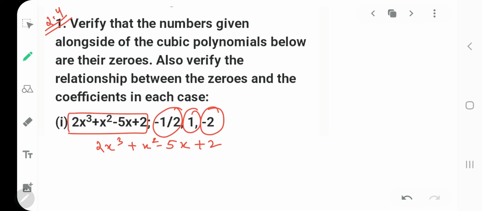Now each value you have to put into your polynomial as x. Getting my point? So first it is given 1 upon 2, second is 1 and third is minus 2. Let's start. So this is your polynomial and you have to put half first as the value of x.